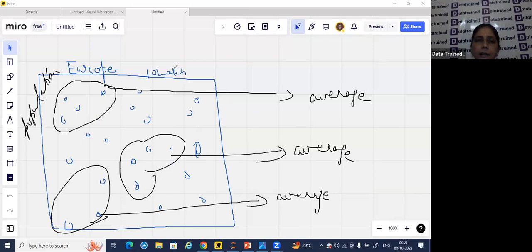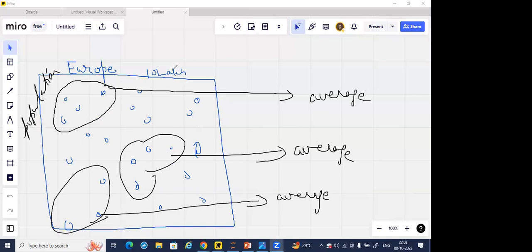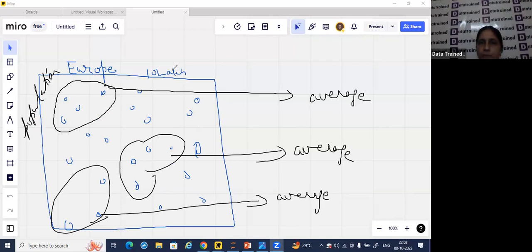So basically, the central limit theorem says that whenever we want to find the average and we select a certain subset sample from the entire population, the average value we get is similar to the average values of other subsets. The average values which we calculate from 3 different subsets are similar.